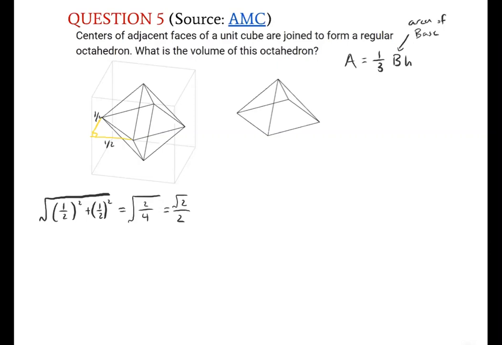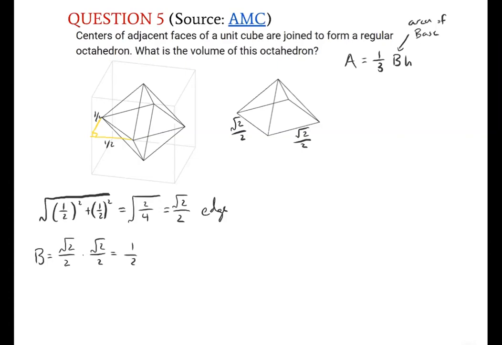Okay. So now that we know the length of an edge, we can find the area of this square base. So our B will just be equal to square root 2 over 2 times square root 2 over 2, or 1/2.